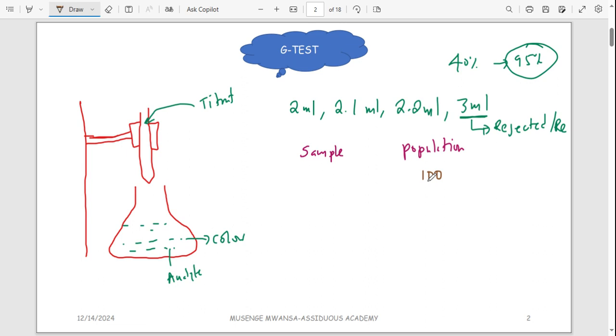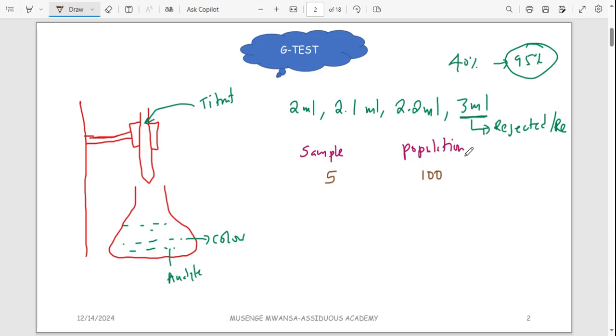Now, when you're trying to perform an experiment or carry out a certain procedure, you might not use the entire population because these are a lot. It will cost you a lot of money. So what you want to do is just get a sample from the 100. Let's say you just get 5. These 5 that you've gotten should be a representation of the entire 100. So you call it a representative sample.